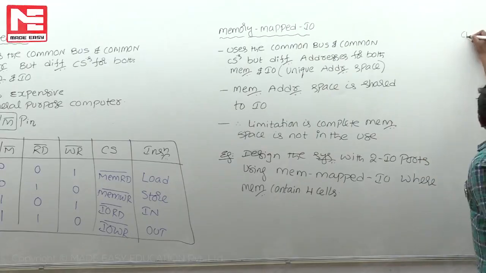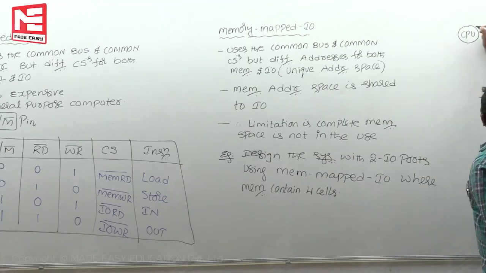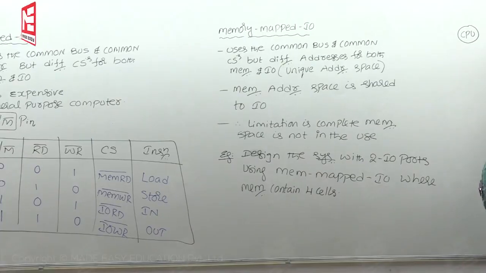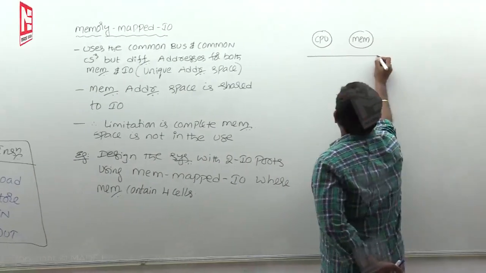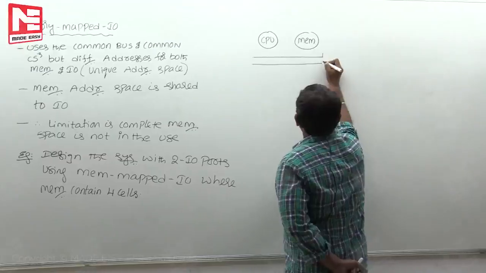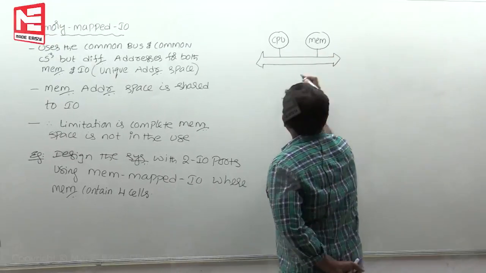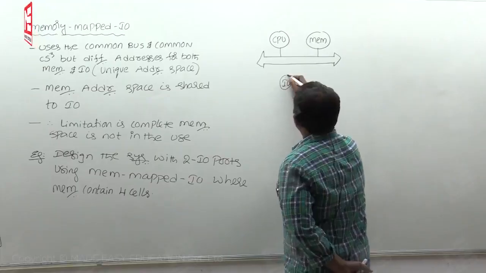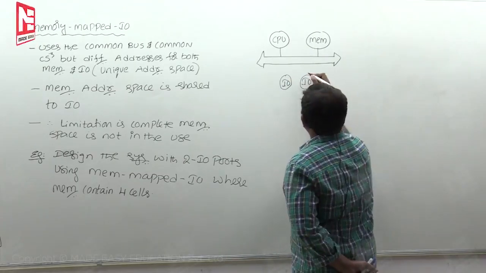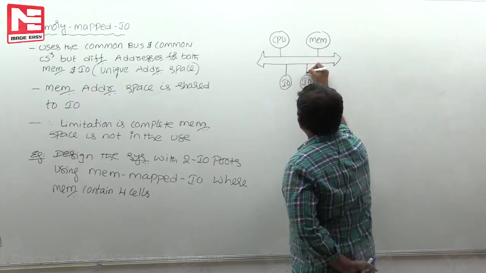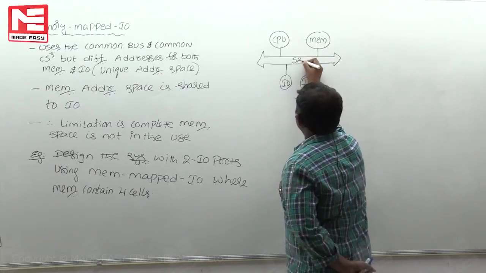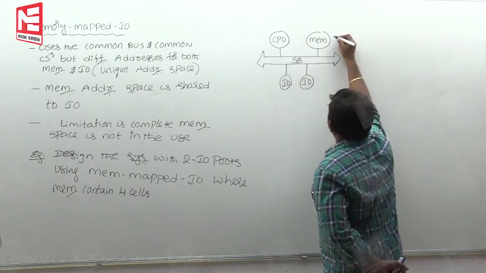See this. CPU is there. Memory is there. They communicate with each other via the system bus. Okay, 2 IO ports are connected to the system bus. So the system bus is common for both memory and IO.